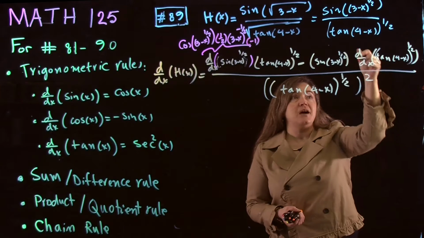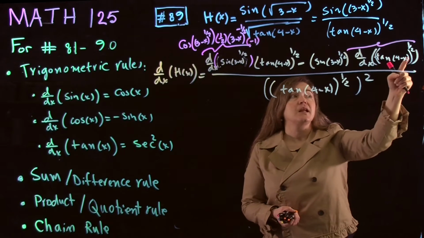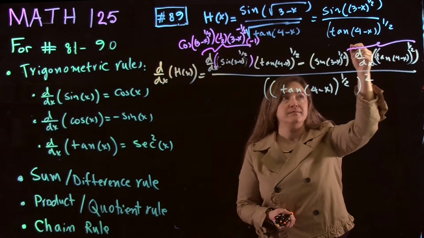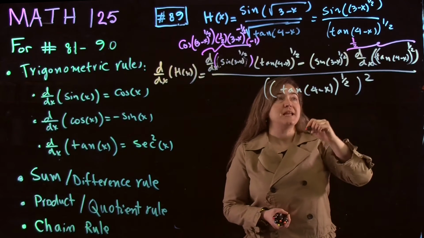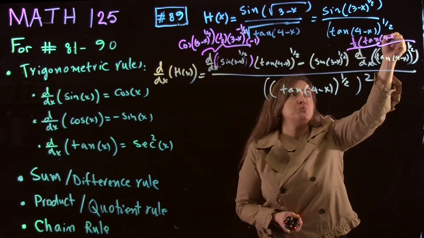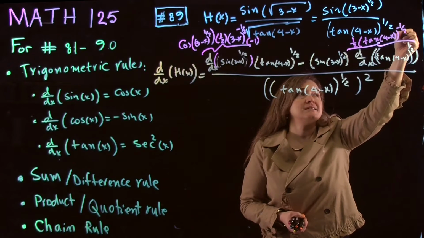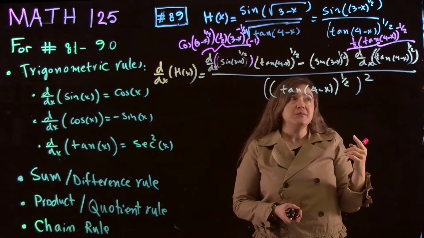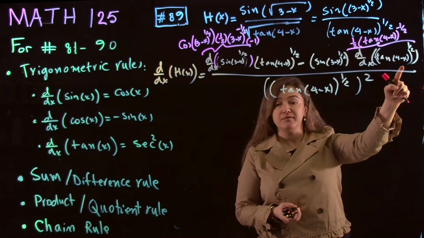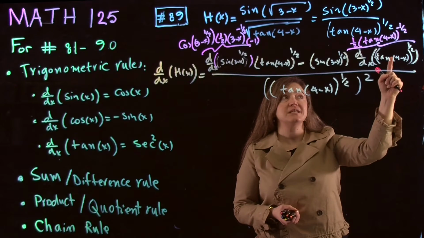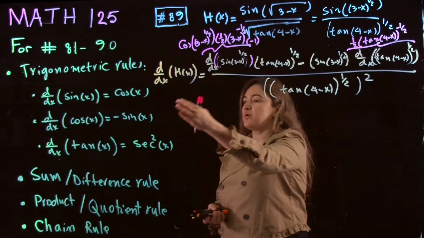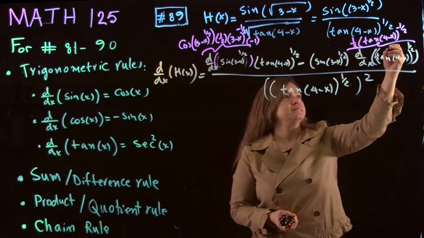Now, derivative of denominator, the outside function is to power 1/2. 1/2 comes down. The entire inside to power 1 less, times the derivative of inside. Inside is tangent of 4 minus x, which is another chain rule. Derivative of tangent is going to be secant squared.